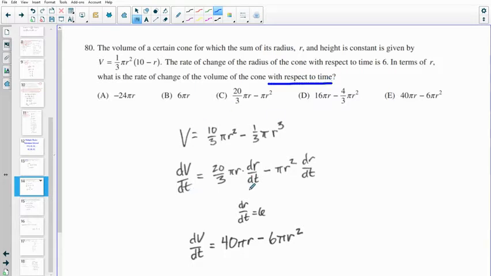If h was changing, it would be dh/dt, but h is apparently a constant value here. And so I take my derivative. They tell us that the change in radius with respect to time is 6. So I plug in dr/dt equals 6. And then, when I do that, I end up with option E for this one.